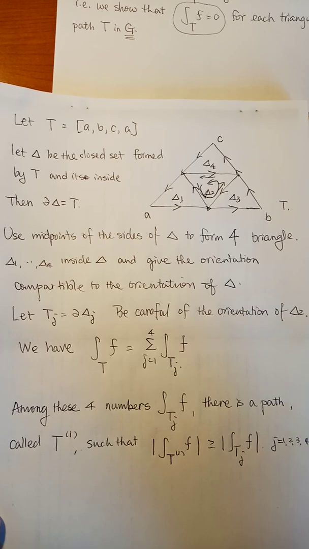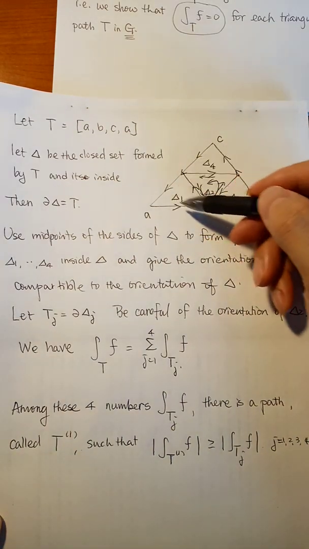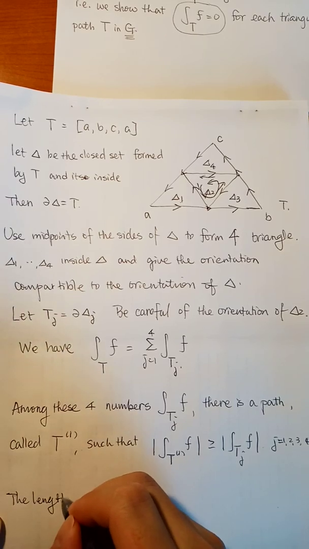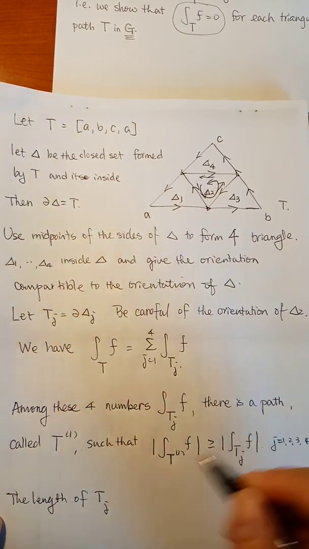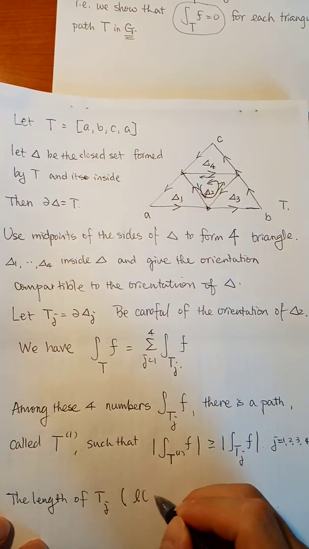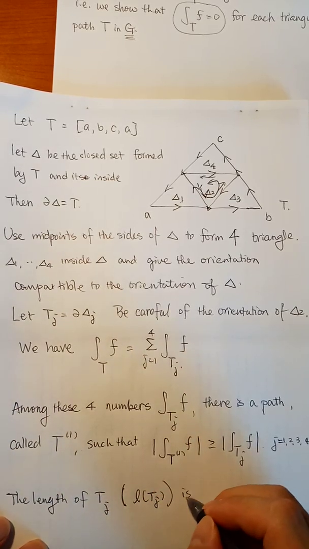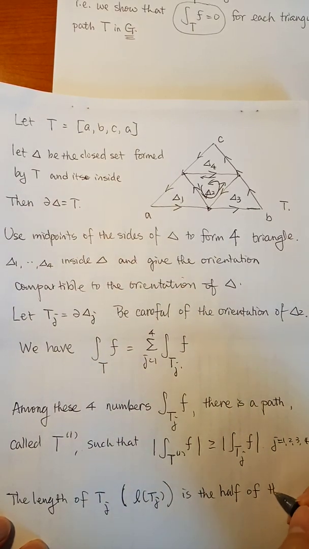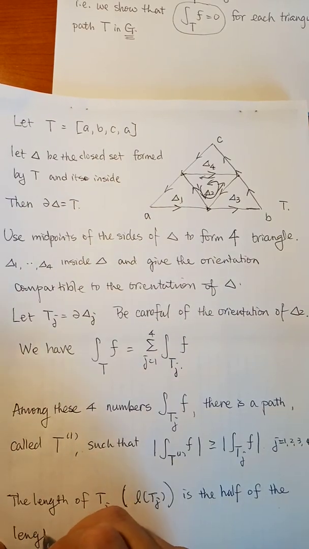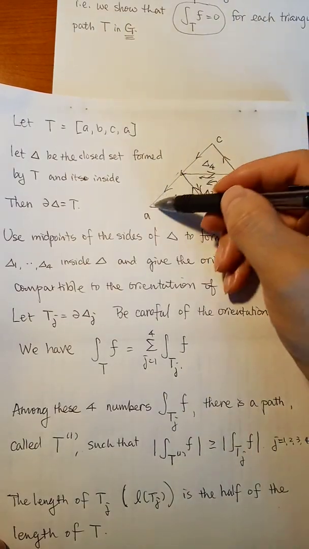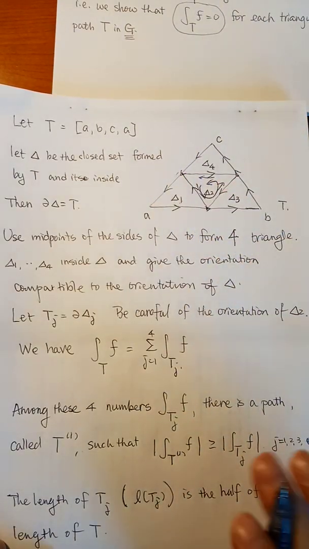Okay, and from the simple geometry, we know that the length of each Tj, let's call it L of Tj, is half of the length of T. This is half of this side, this is half of this side, this is half of the base, so it's always a half.